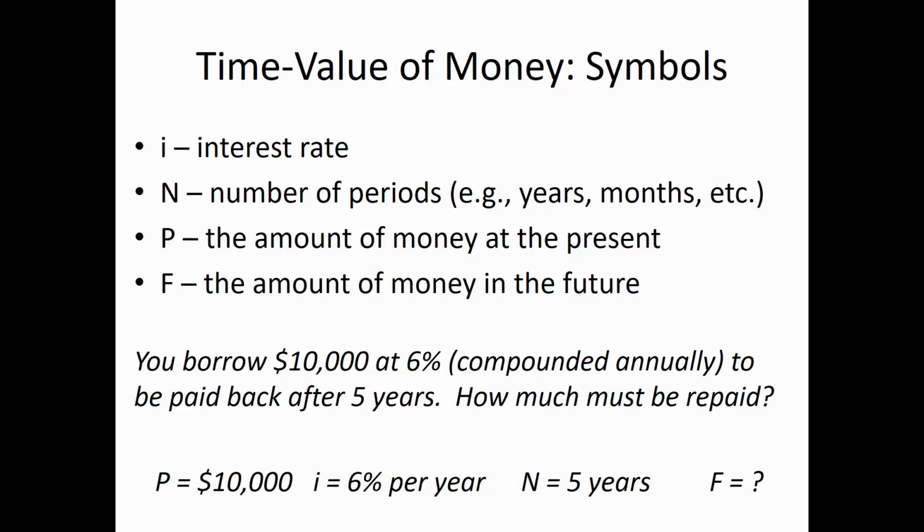That's a present amount. The I is 6% per year. The N, the number of periods here, is 5 years, and what we don't know is the future amount that has to be repaid. So that's how we would break down that problem statement into its appropriate symbols.